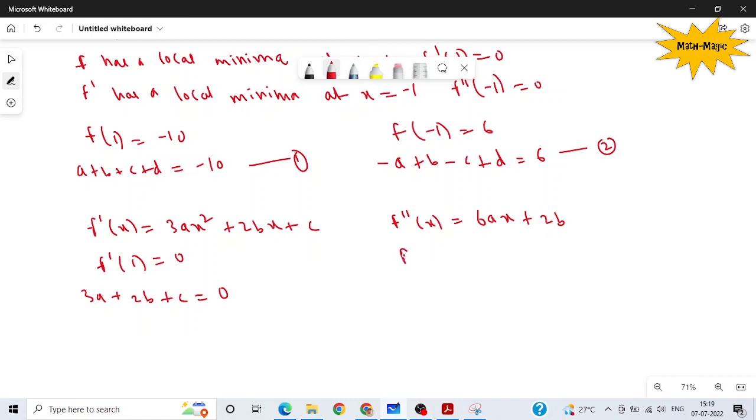And we know that f double dash of minus 1 is equal to 0. So then we get minus 6a plus 2b equals 0. This gives b is equal to 3a. Let's take this as equation number 3.